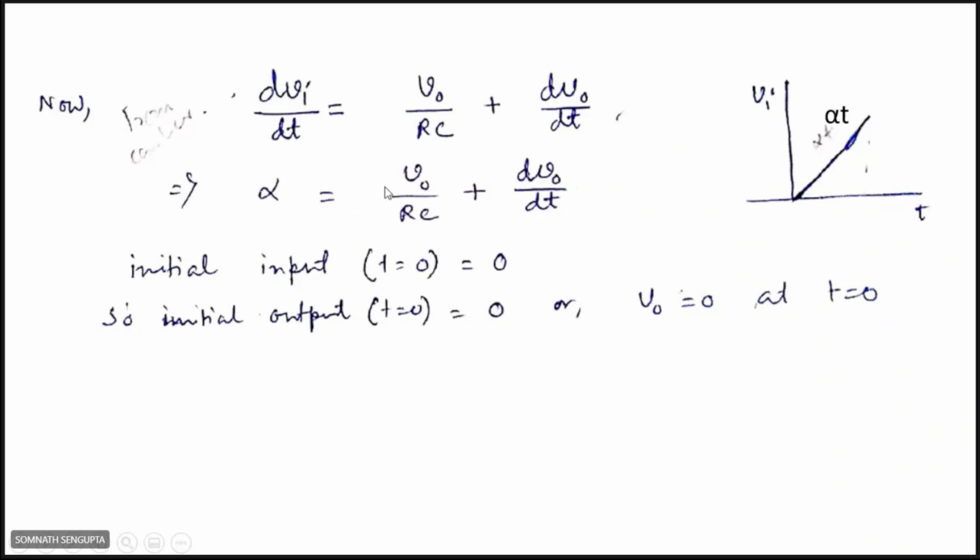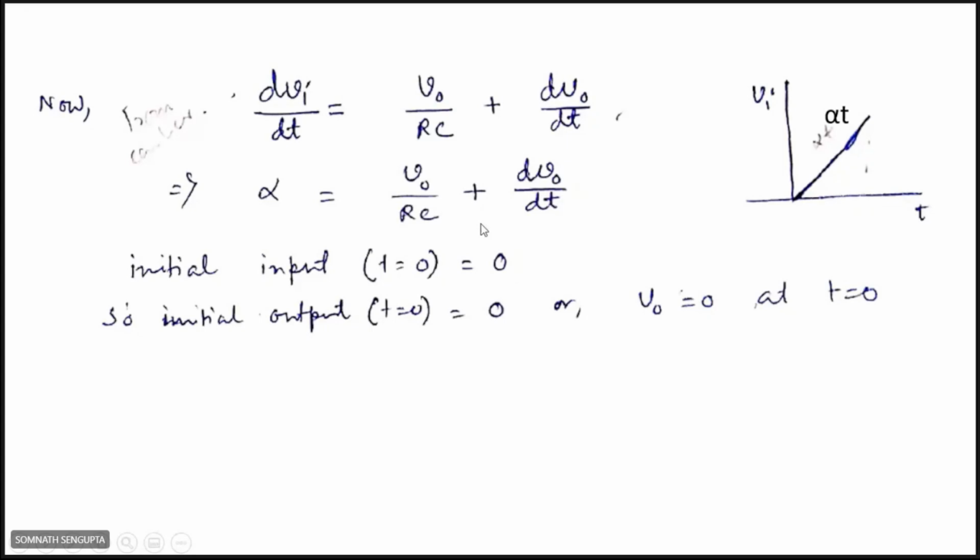So alpha is equal to v0 by rc plus dv0 dt. So this is the equation for the output waveform when a ramp input is applied, and it is a differential equation.